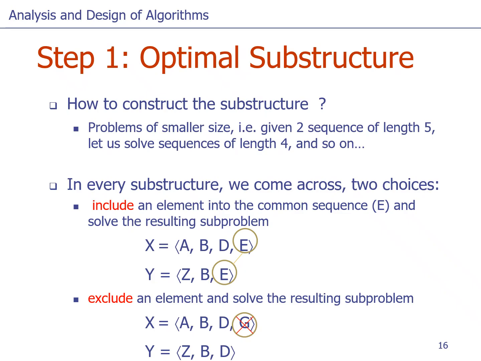We will include it if it matches with the corresponding letter that we stopped at in the other string, and we don't include it if it doesn't match with the letter we are stopping at in the other string. In the first case, for the E case, you see the D and the E did not match, but when we advanced only to the E, we matched the E and the E.